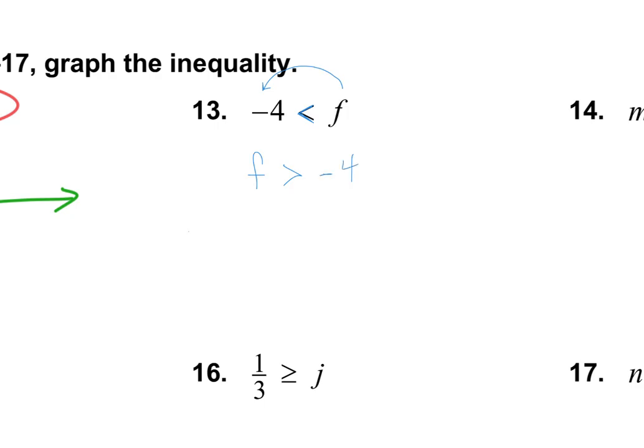If you have it written like this, then all of a sudden, this symbol is just kind of like an arrow. So here's what I mean. That I would put the open dot because this does not have an equals to right there, right? And then when I say an arrow, it means, hey, it's pointing this direction.